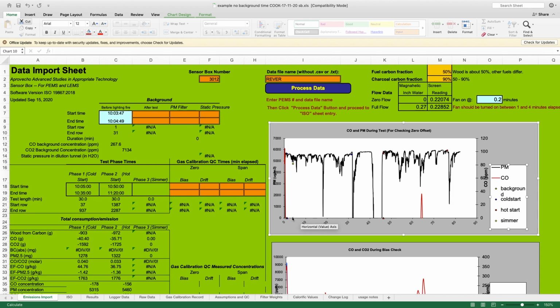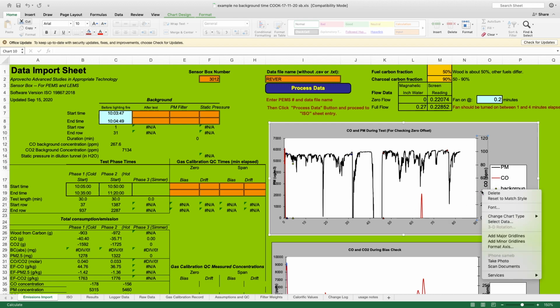So the background emission, the space between these two green dots, is supposed to be on a flat period. And we can't see the CO and the CO2, but right now with the PM, we can see there's no flat period. There was no background measurement taken.